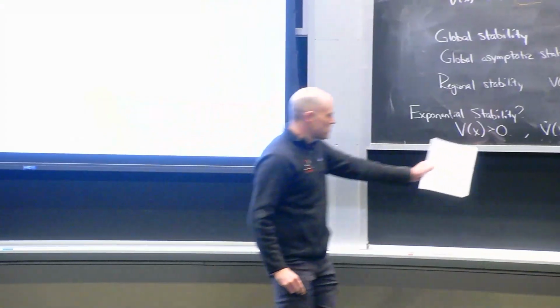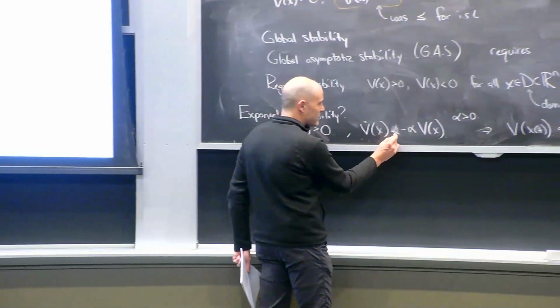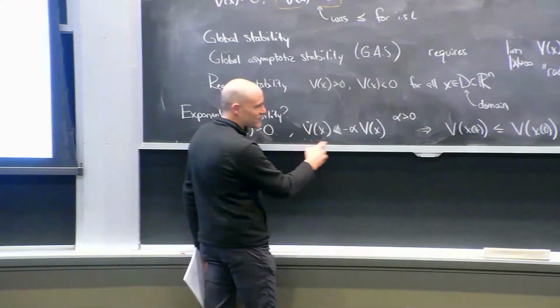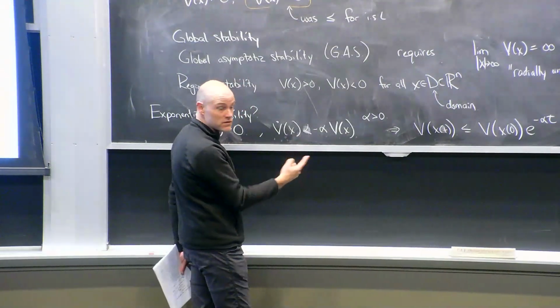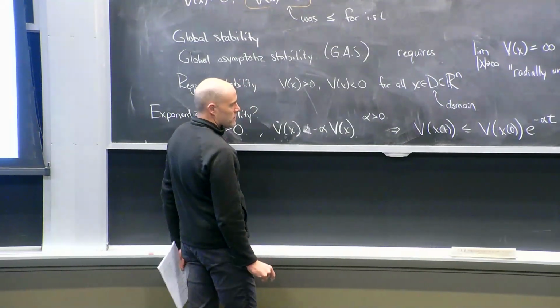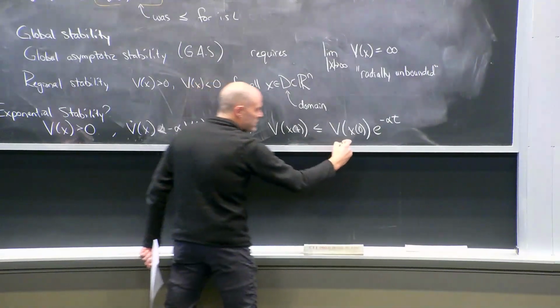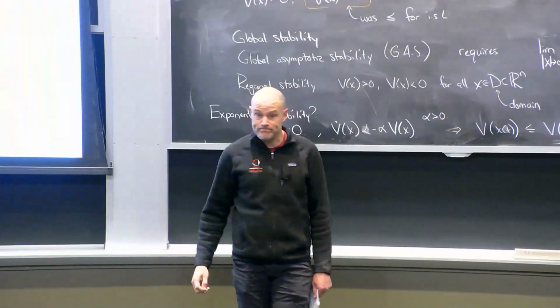If you just think about this first order system, x dot less than negative alpha x, then we know that x is going to go downhill like this. And that's also true of v. So that allows us to put exactly the exponential stability bound on the convergence rate.